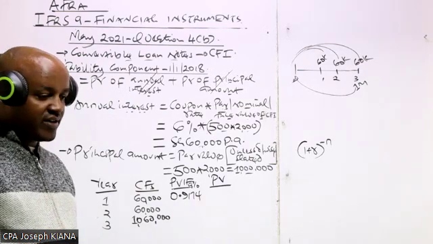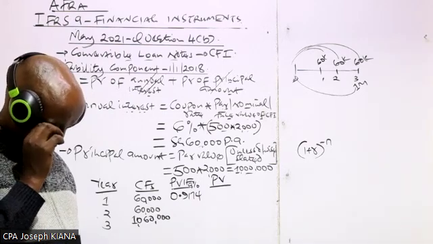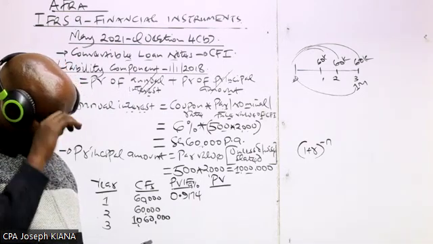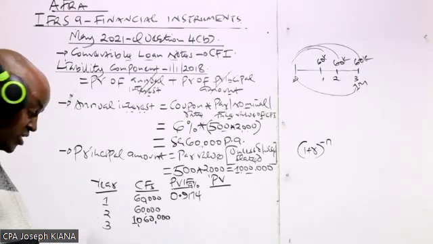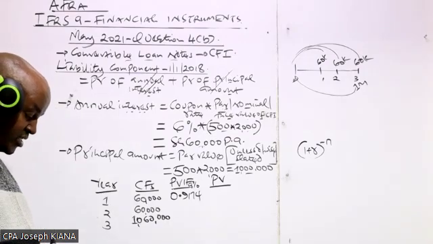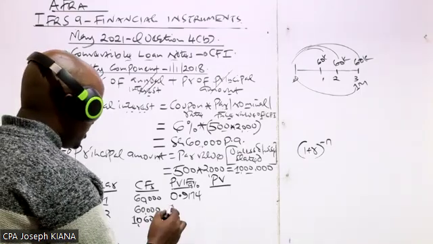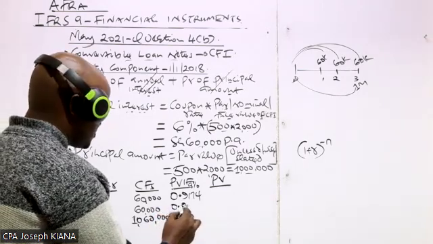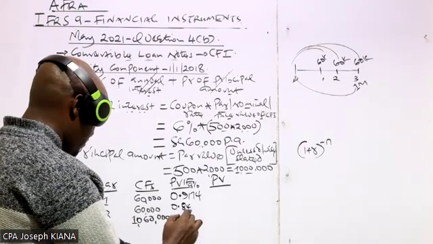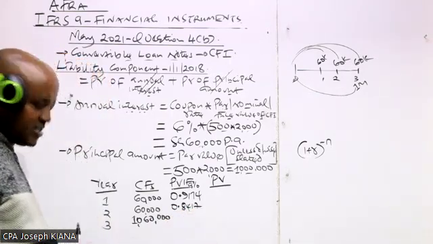Are you getting that? I'm told by Patricia, yes. So let's go to year 2. We just need to change our power to negative 2, which will give us 0.8417.